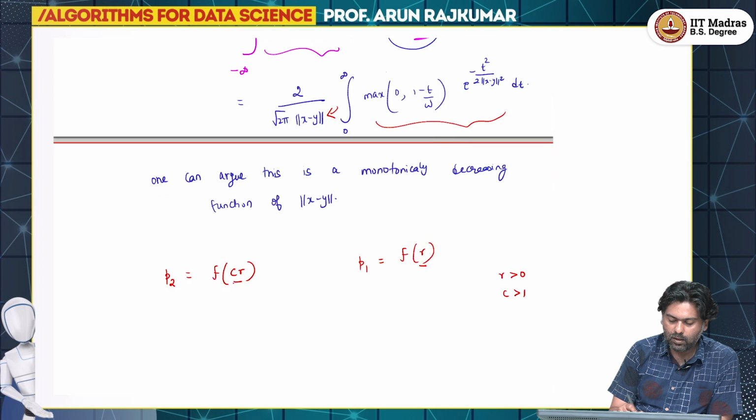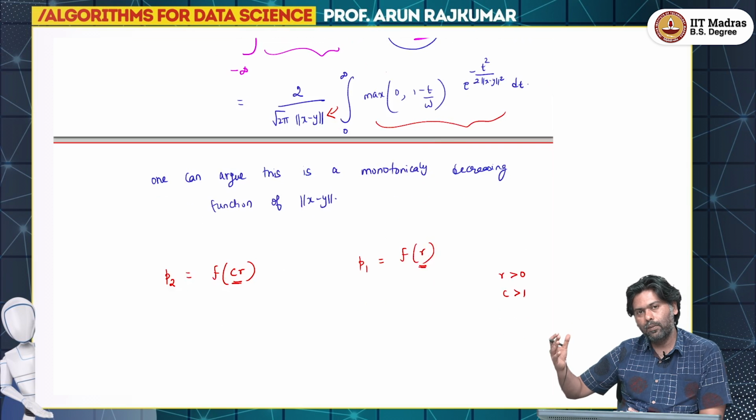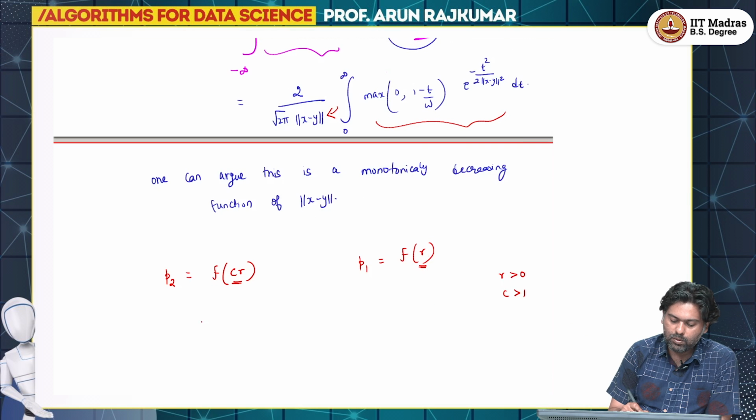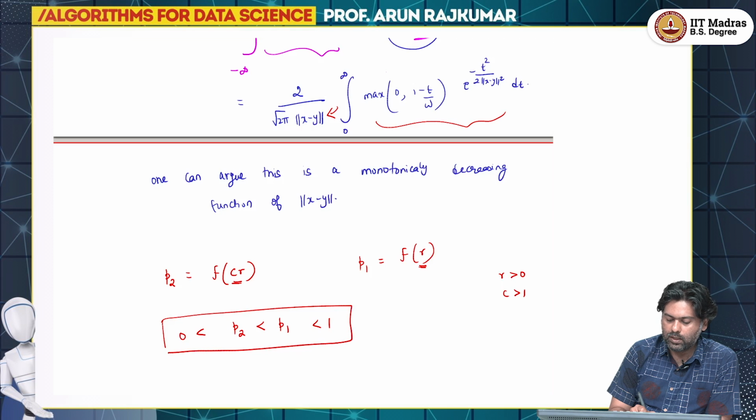So if I increase R, the probability is going to decrease, which means we will have P2 less than P1, and 0 less than P1 less than 1, because these are probabilities.